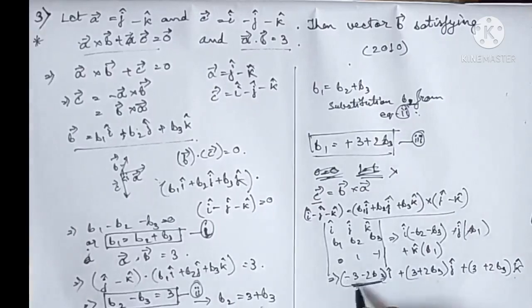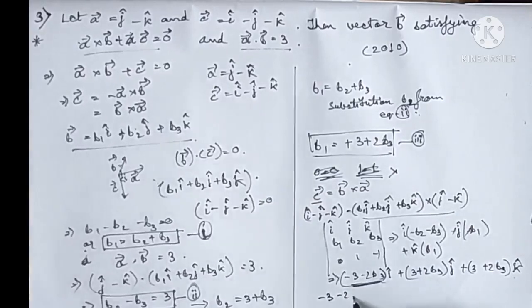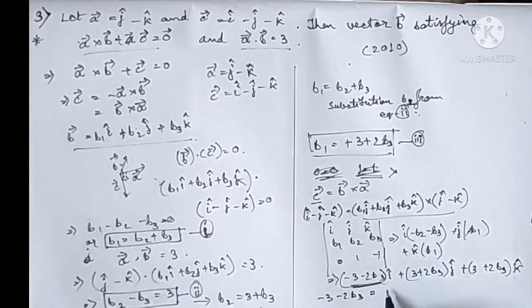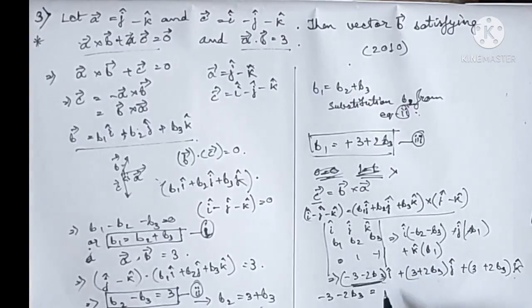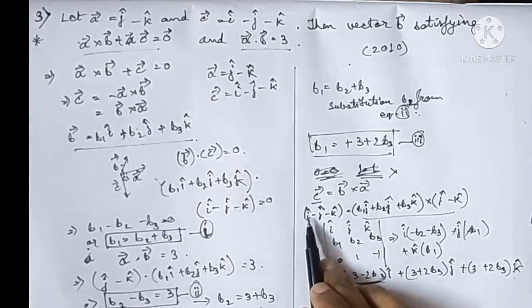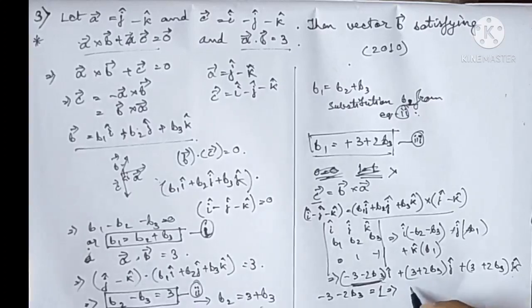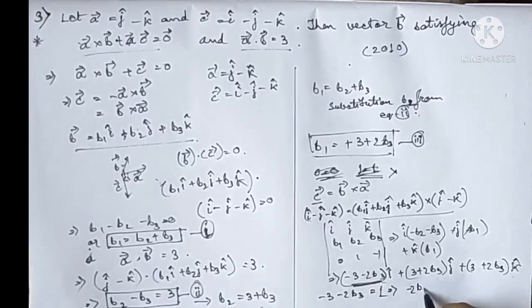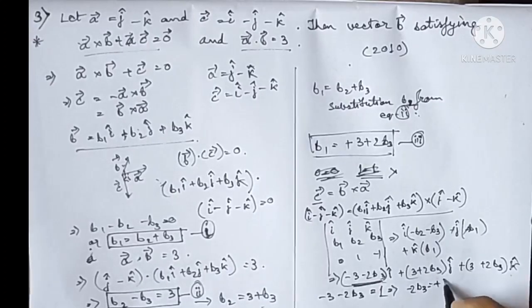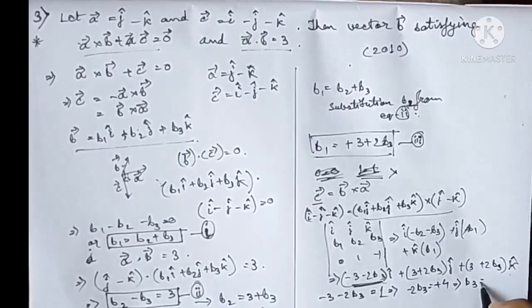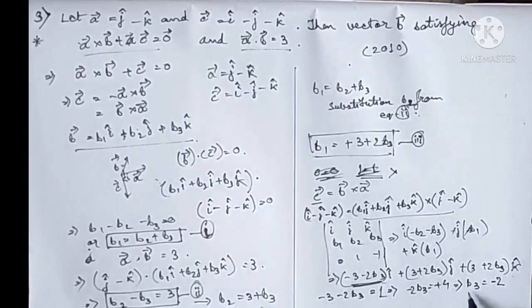So if we equate this one, minus 3 minus 2b3 is equal to, let's say, what we had, yeah, this one, 1. That gives us minus 2b3 is equal to plus 4. That gives us b3 is equal to minus 2.